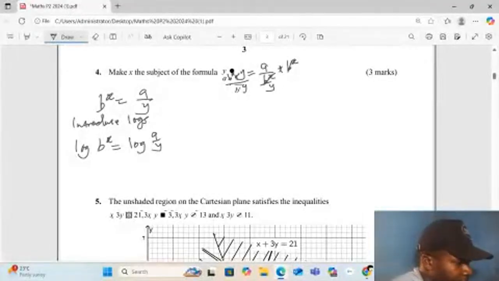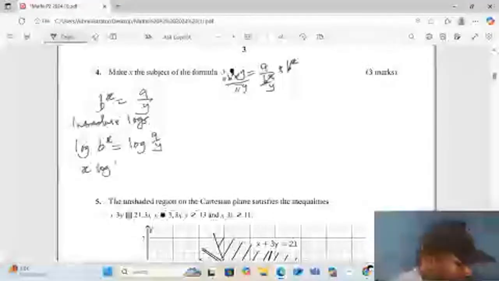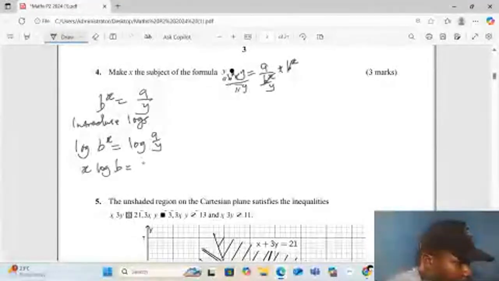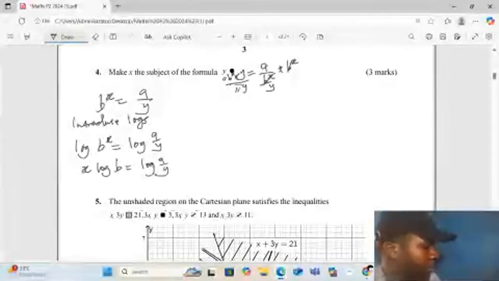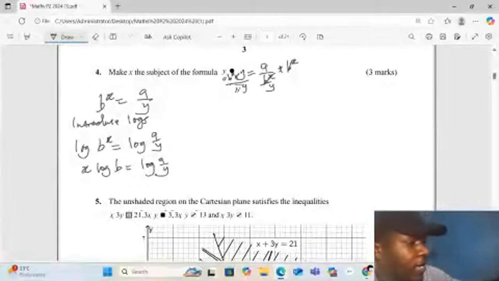Now, this is the same as x log b, which is equal to log a over y.